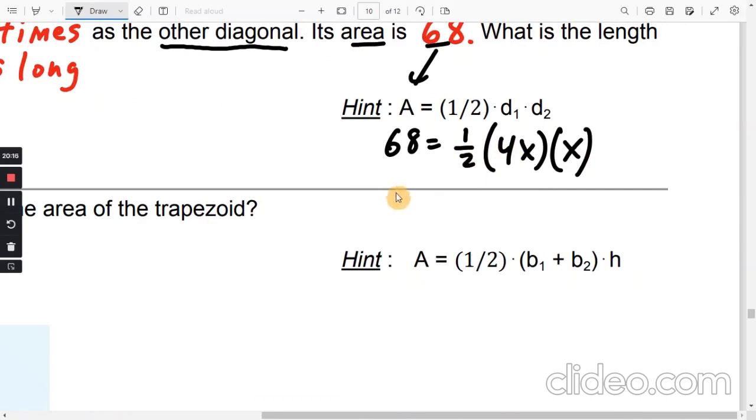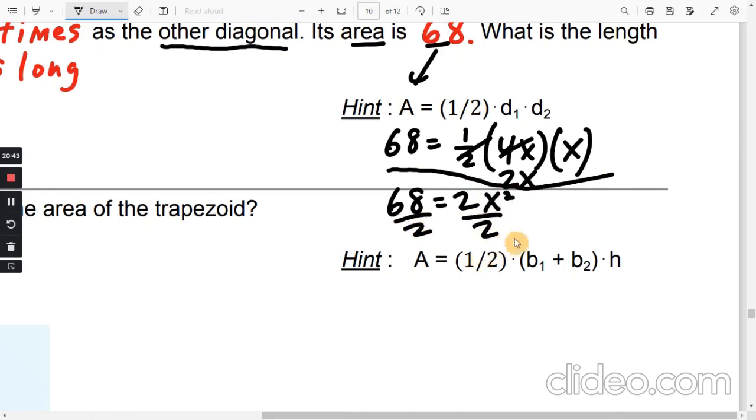So let's see, we have 68, and 1/2 of 4x is just 2x. 2x times x is going to be 2x squared. All right, we have 2, and x times x is x squared. The opposite of times 2 is divided by 2, and it cancels here. So x squared is 68 divided by 2, and that equals 34.